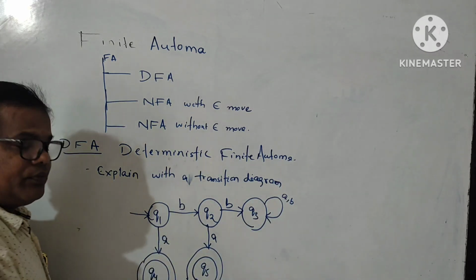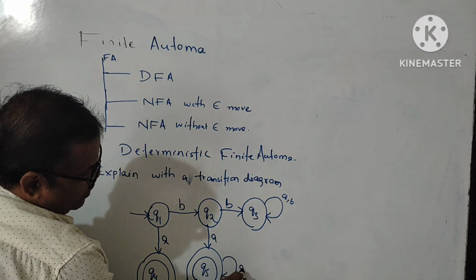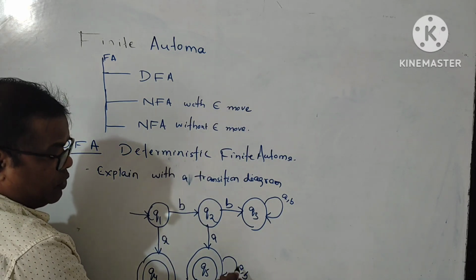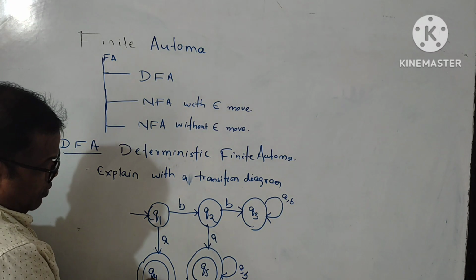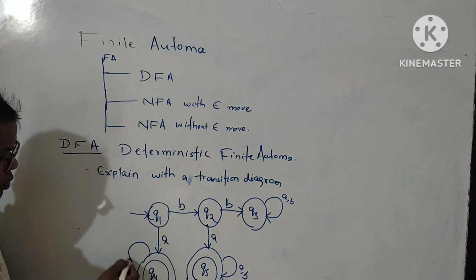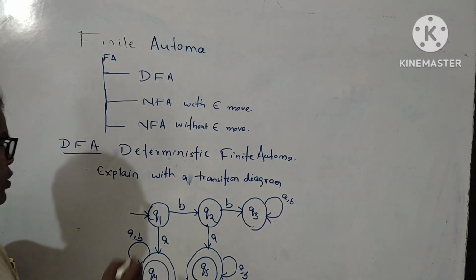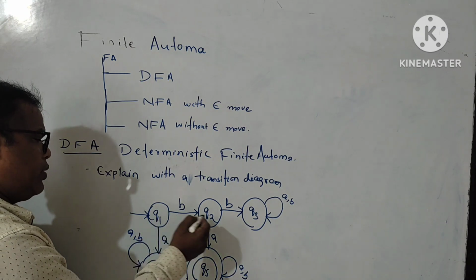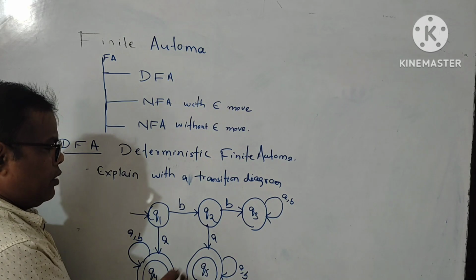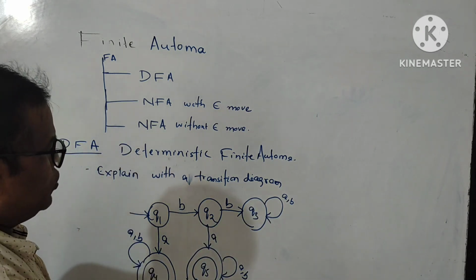A and B. For each state, again I repeat, for each state, look at that, for Q5, the transition for both A and B. For Q1, also there is transition for both A and B. For Q2, both A and B. For Q3. It concludes that definition.